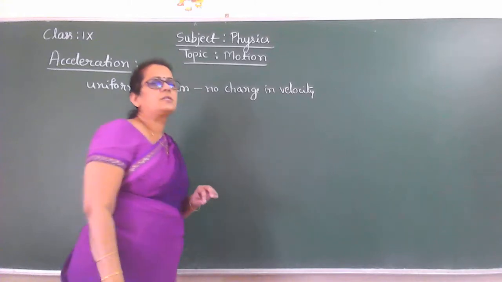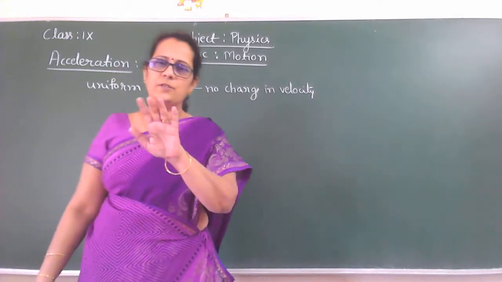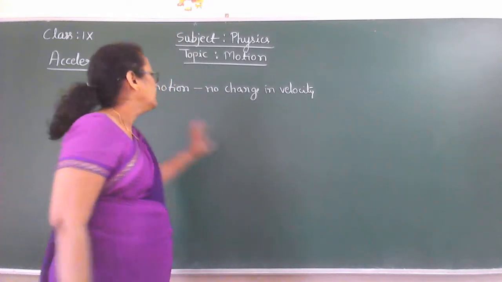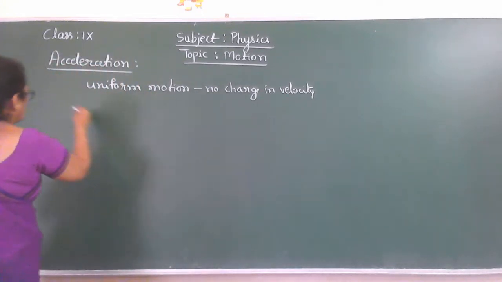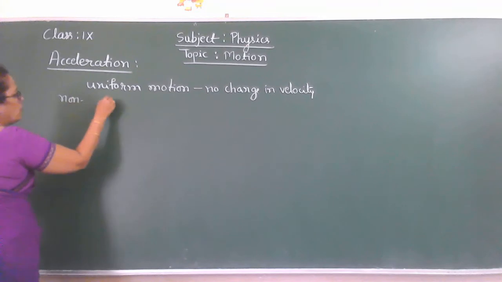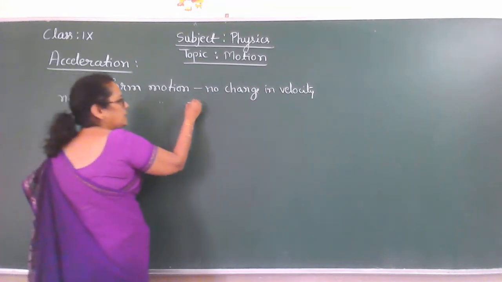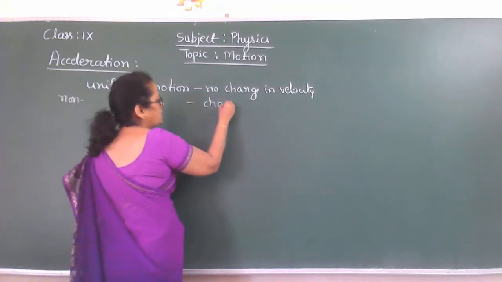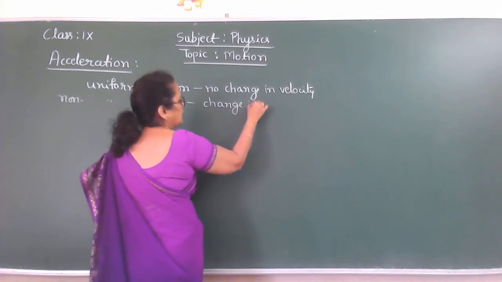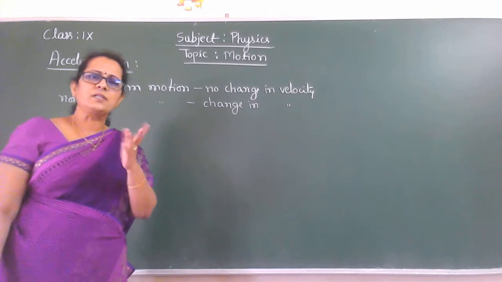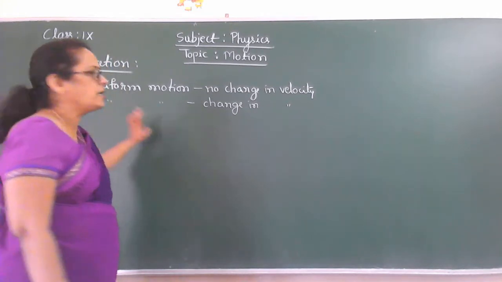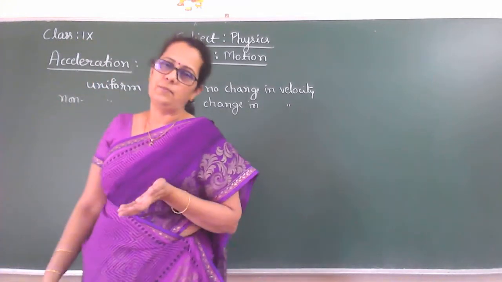That is, velocity remains constant. Suppose if the body is moving in non-uniform motion, then there is a change in velocity, because the body is in non-uniform motion.